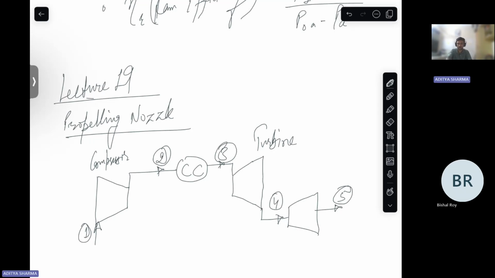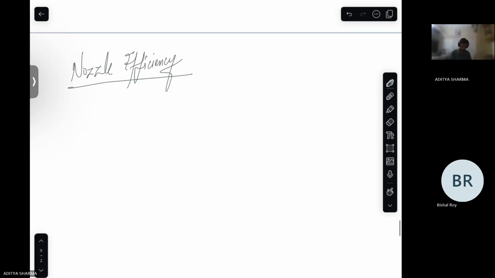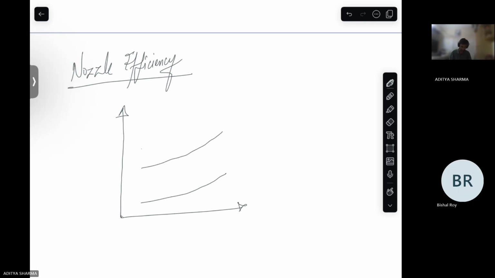And then after that, nozzle efficiency has been given. I'll just draw this diagram. So this basically is what is happening in your nozzle.